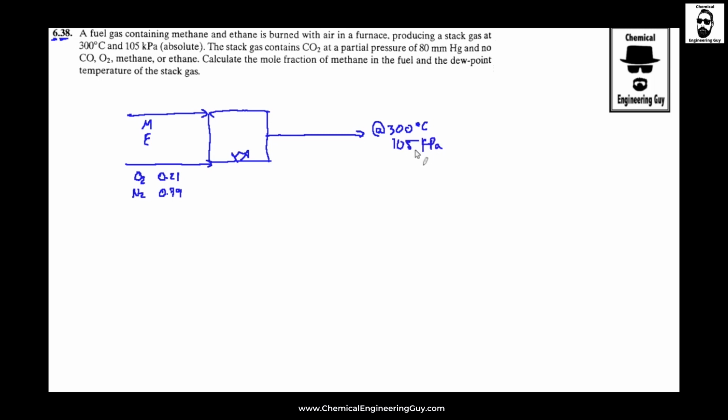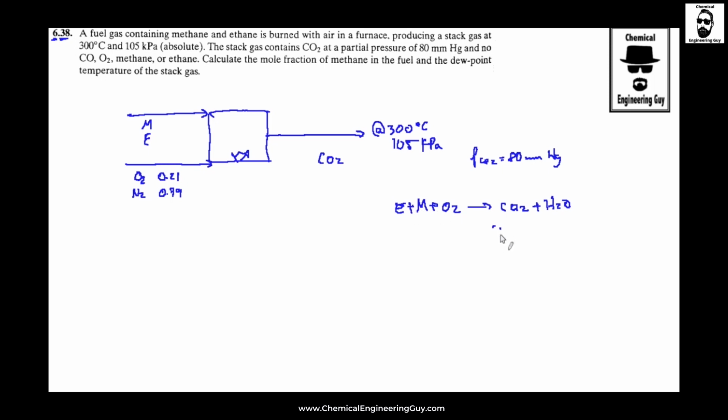kilopascals absolute. The stack contains CO2 and the partial pressure of CO2 is about 80 millimeters of Hg, and no CO and no O2 and no methane and no ethane. So I'm supposing that the methane plus the oxygen produce CO2 plus H2O, and the ethane also.